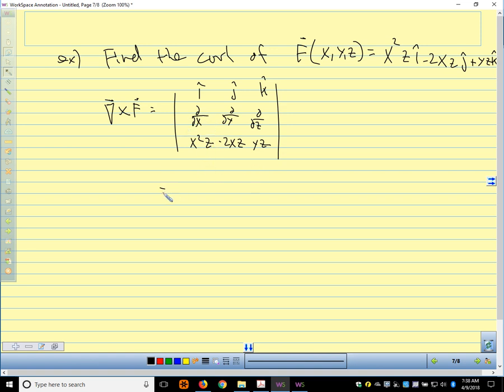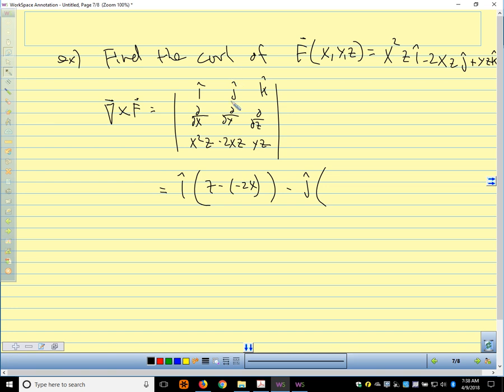So we get i hat, and then we take the determinant of the matrix we get when we cross this row and this column off. So we take the partial with respect to y of yz, so we get z. And then we take the partial with respect to z of minus 2xz, and we subtract, so that's minus 2x. Minus j hat, remember that minus sign.